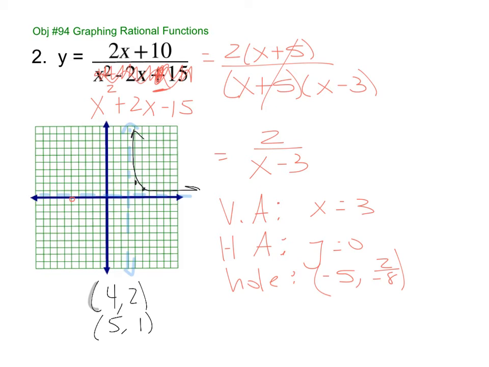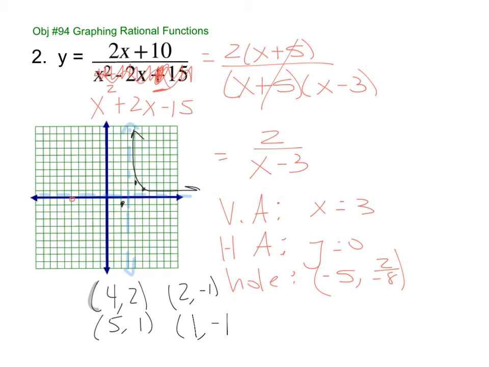And then negative 1, no, 2, negative 1. Did I do that wrong? If I plug in negative 5, oh no, that's right. And positive 1, I meant to make that positive 1.